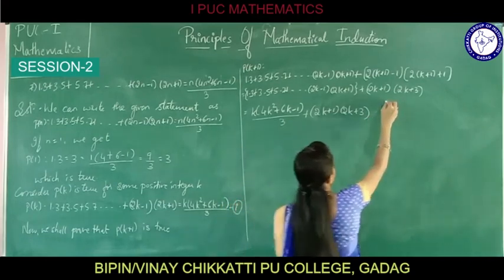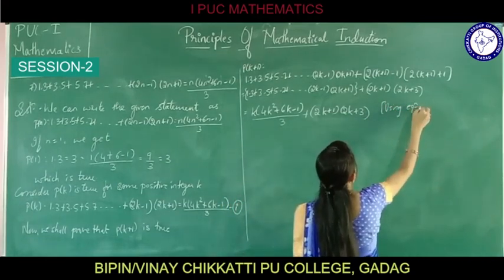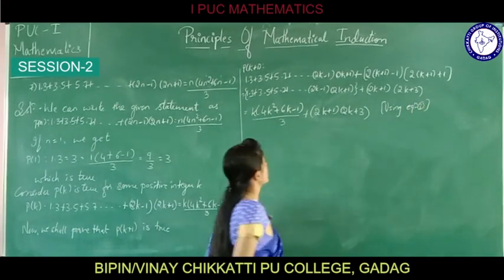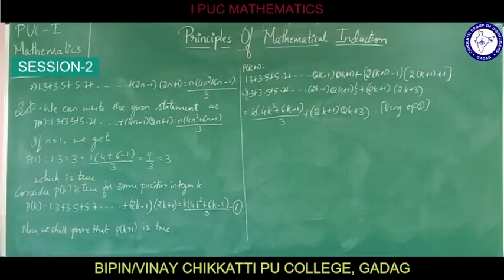What have we done here? Using equation 1. On using equation 1, we got 4 into 4k square plus 6k minus 1 divided by 3 into 4k square plus 3k.